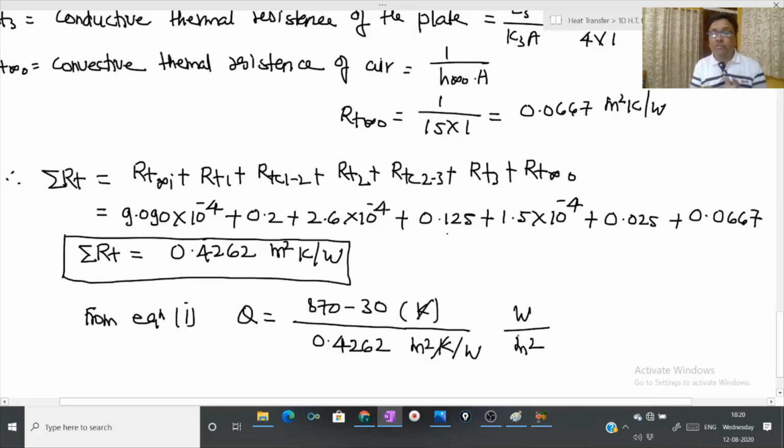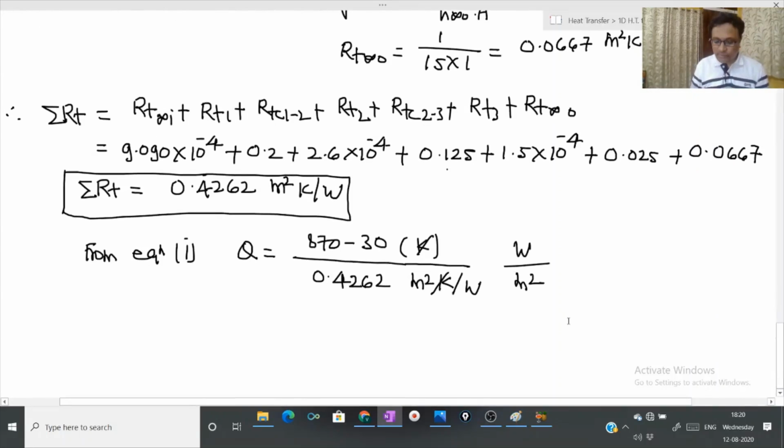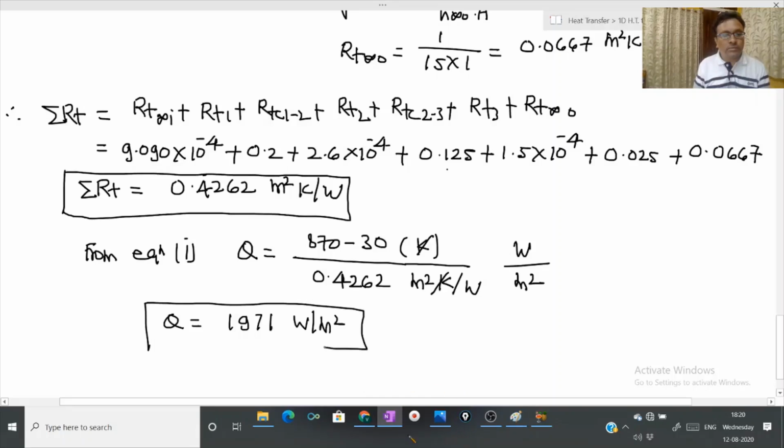Now why watt per meter square? The unit is appearing because we have taken the heat transfer rate per unit area. So this comes out 1971 watt per meter square. This is answer number 1.